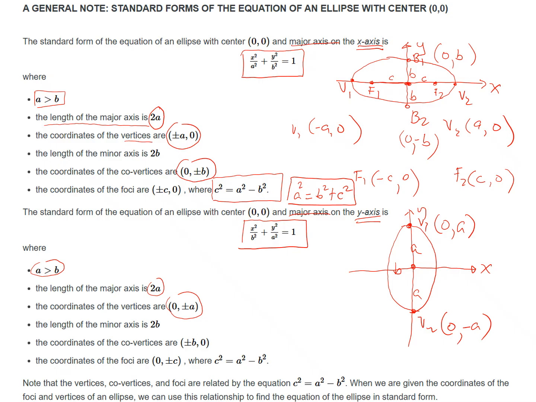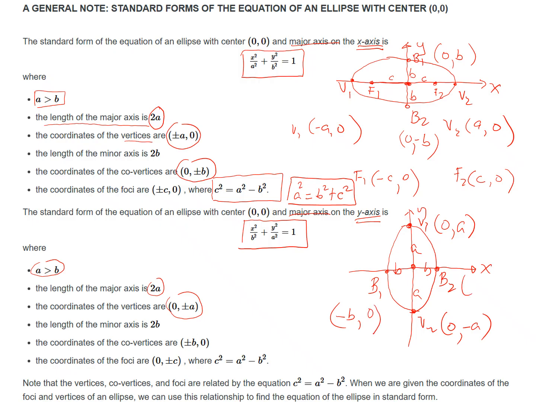The length of the minor axis is 2b, so this is b and this is also b here. The co-vertices: here we have b1 and this is b2. The coordinates of b1: the abscissa is minus b, and the ordinate, since this is on the x-axis, is equal to 0.